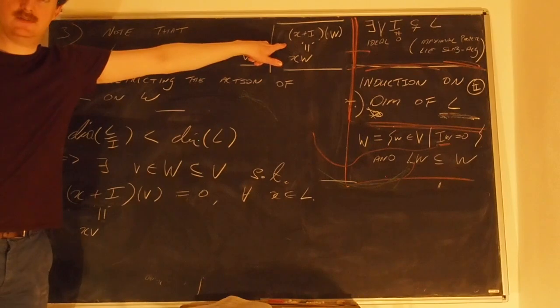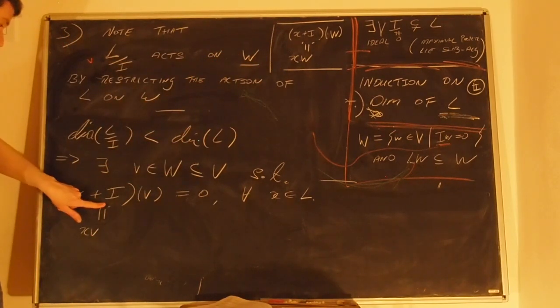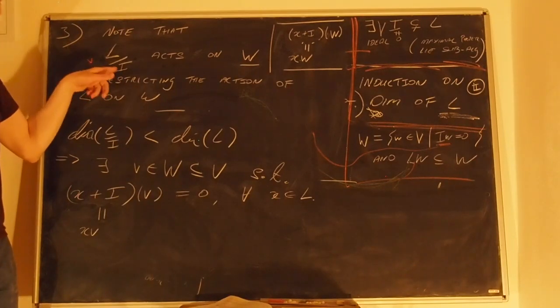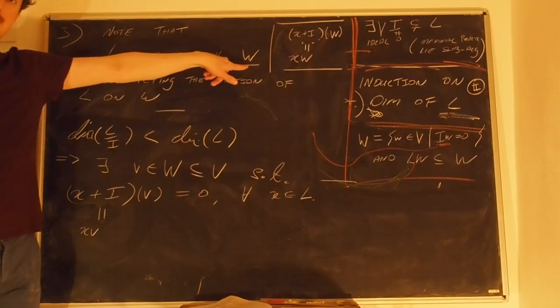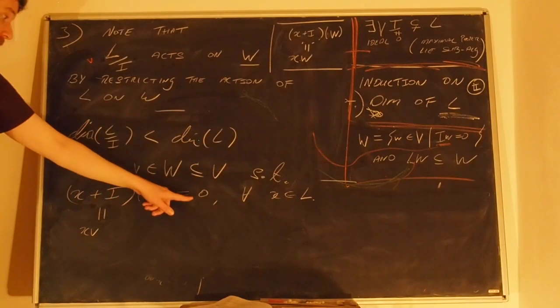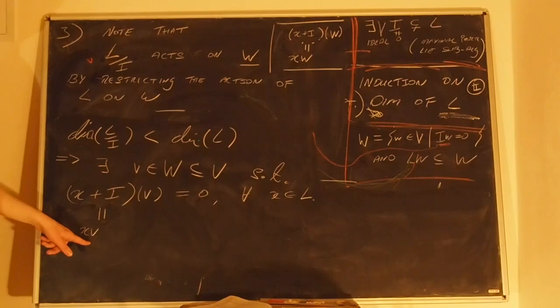This is the definition of this action. I can remove these. The point here is that it's well defined because the I kills anything inside of W. So this is well defined. But we see that it's equal to 0, but it's actually equal to this.